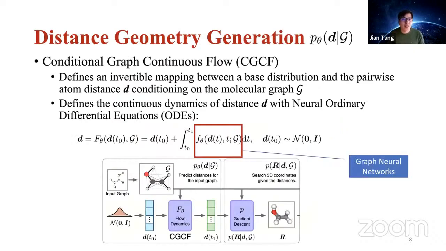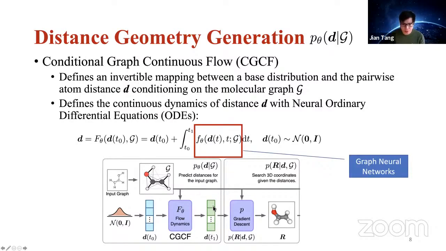Next, we use normalizing flows to model the distribution of the pairwise distances between the atoms, conditioned on the molecular graph G. We propose a model called the conditional graph continuous flow. The essential idea of this model is that we define an invertible mapping between the base distribution and the pairwise distances between the atoms.